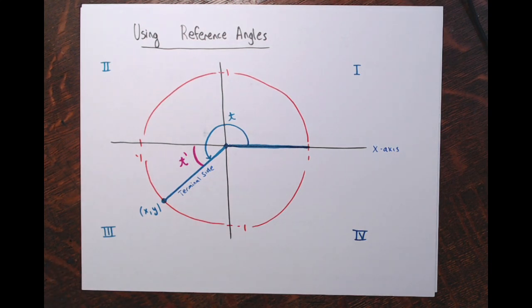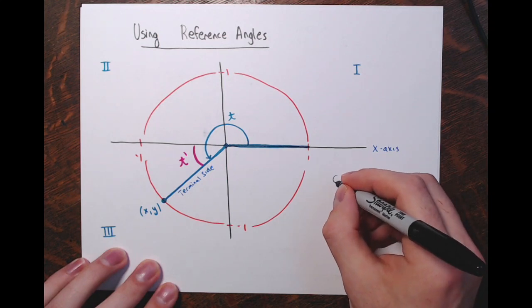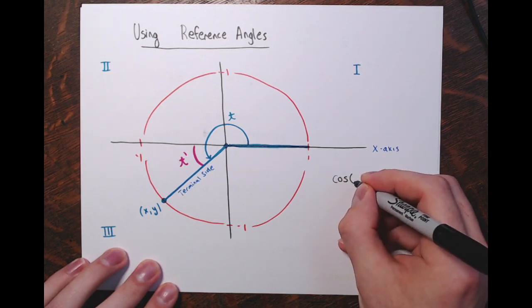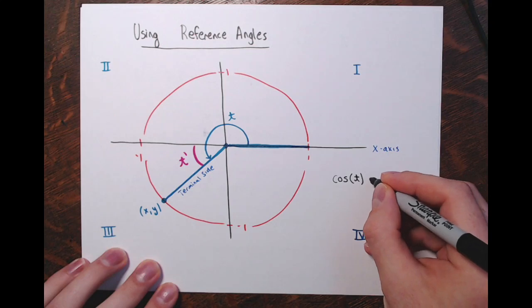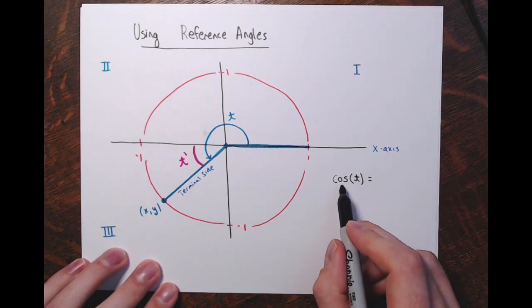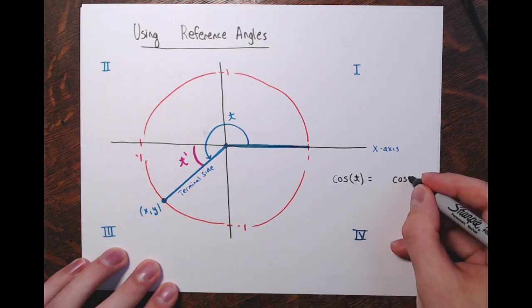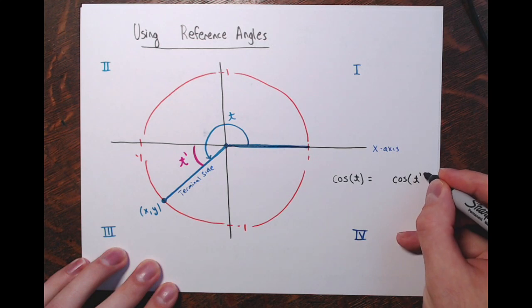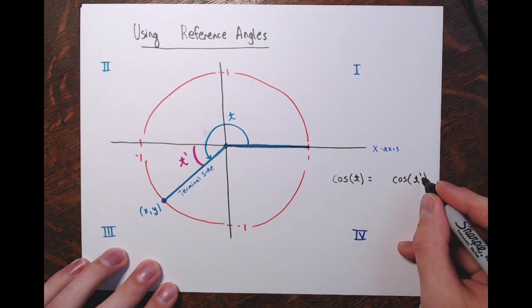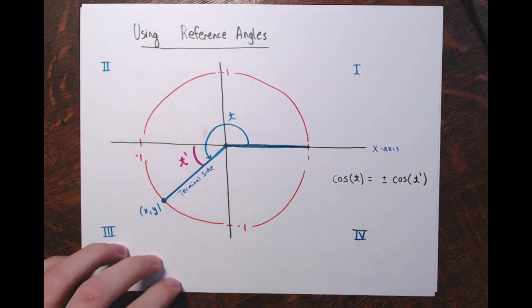Right, and then you just had to pay attention to what quadrant you were in. So hopefully you recall these rules from last time. So remember, the cosine of an angle, you can find by instead of taking the cosine of this angle, you can take the cosine of the reference angle t prime and then make that positive or negative depending on the quadrant.